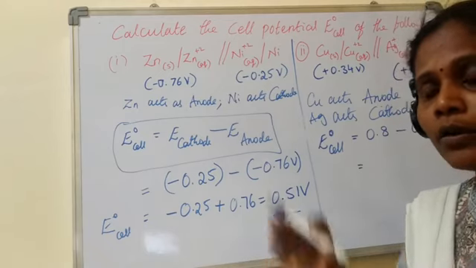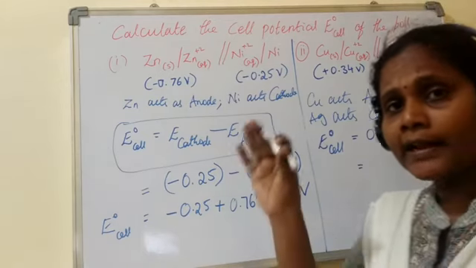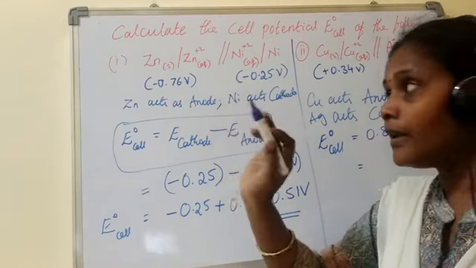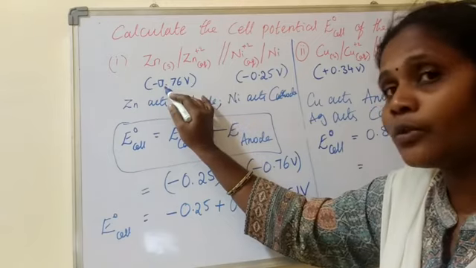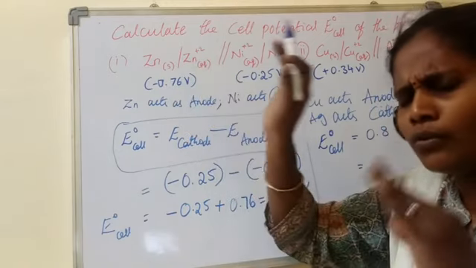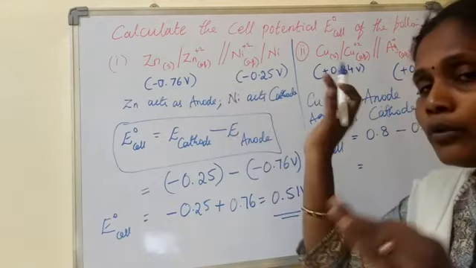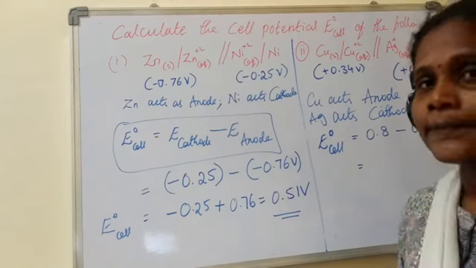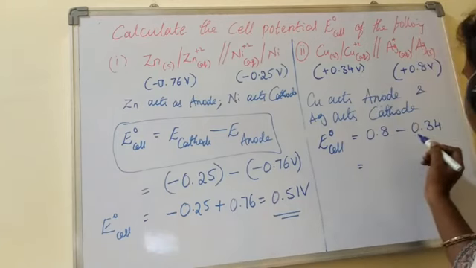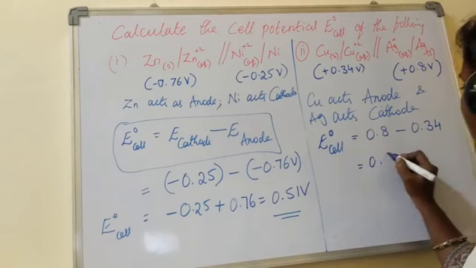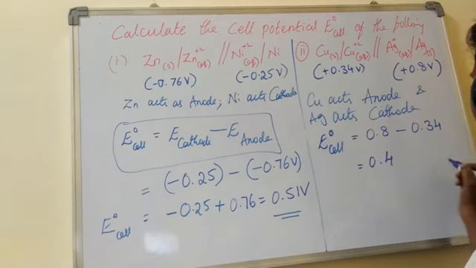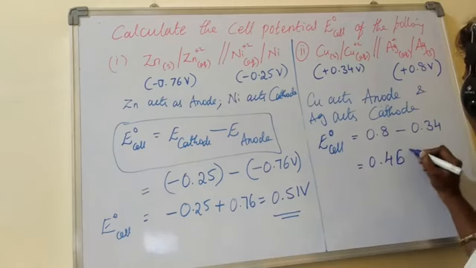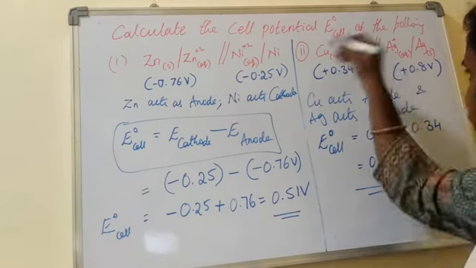You don't mind about it. Already we have given the electrochemical series and in that the electrode potentials. So just take those reduction potentials. And again, don't get confused. This is a reduction potential and this is undergoing oxidation. Don't worry about it. These are just the electrode potentials. Remember, I have to take the anode and the cathode. That's it. Then what is the value I get? 0.46 volt for this electrochemical cell.